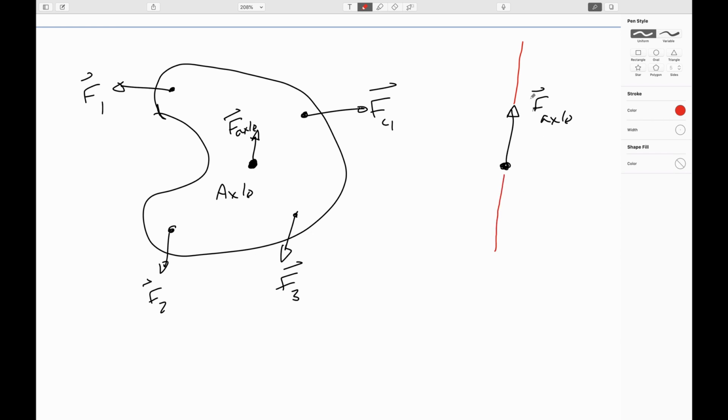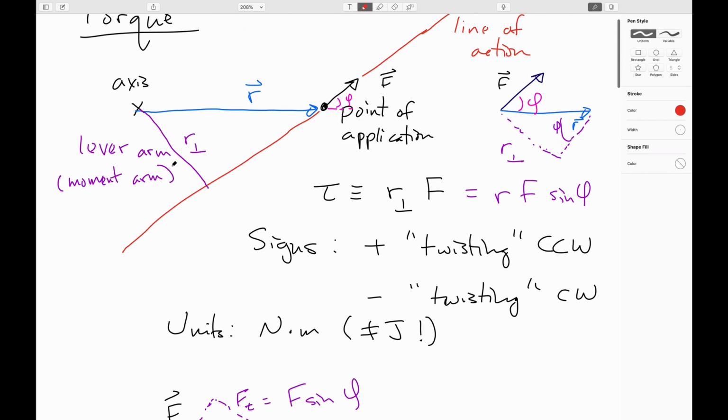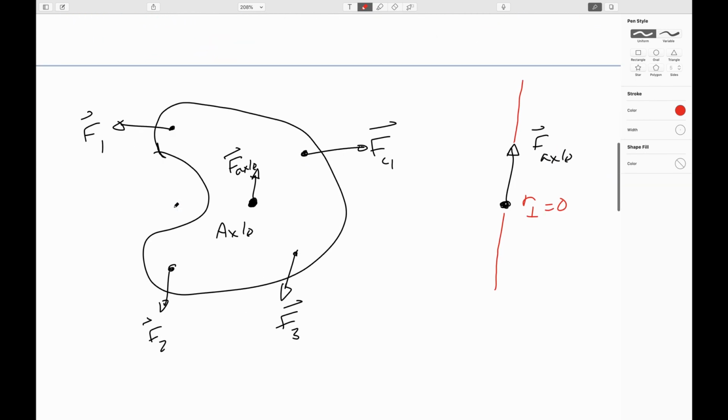So when I draw the line of action, what I see is that the lever arm is 0. So another way we can think about the lever arm, if it's helpful, is the lever arm can also be thought of as the shortest possible distance from the axis to the line of action, whatever that is. Here, the line of action goes right through the point of application.